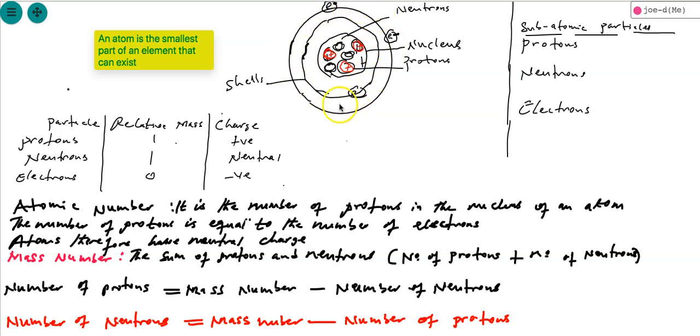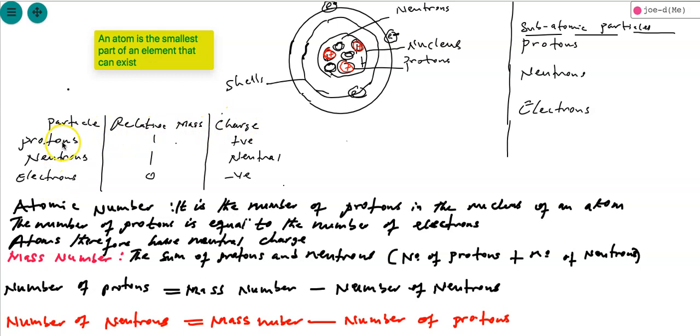in shells. Now, the specification requires us to know the charges and the relative mass of the three subatomic particles. So let's go ahead and summarize that in this table. Here we have our particles: protons, neutrons, and electrons, and their relative mass and charges.